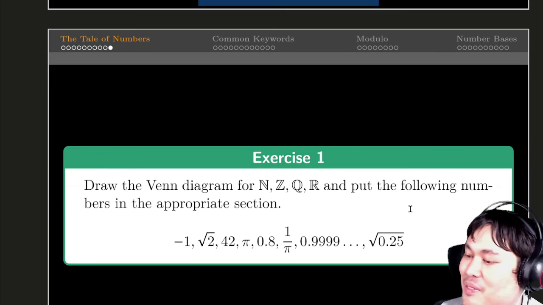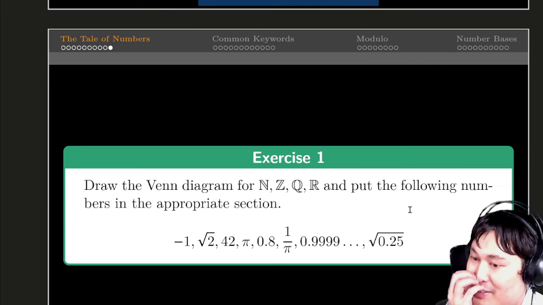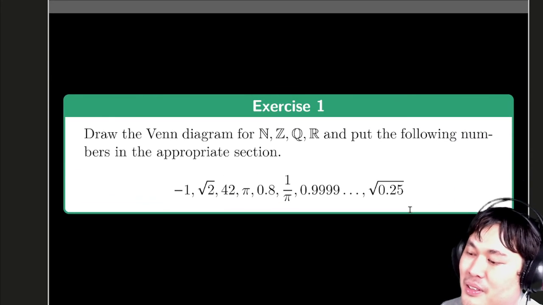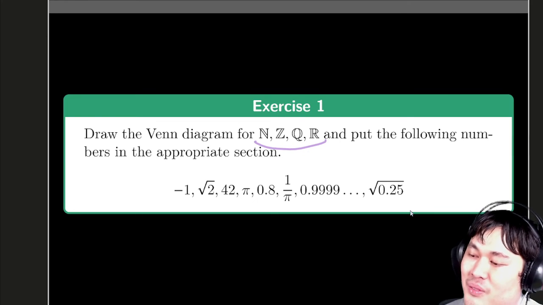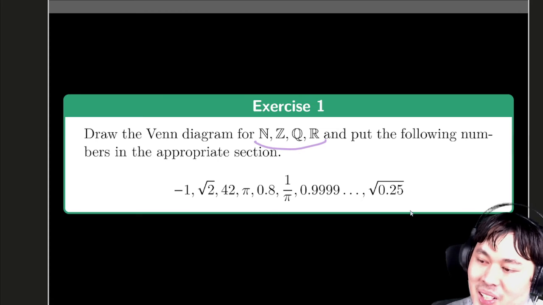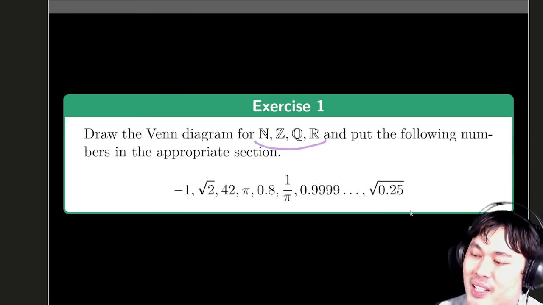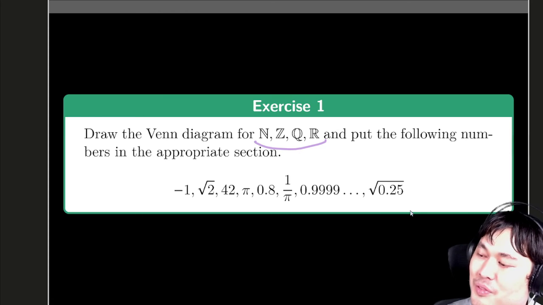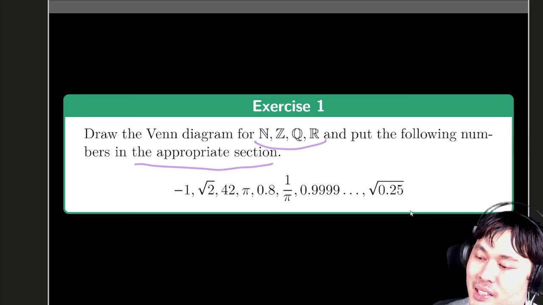Now we have a quick exercise. Draw the Venn diagram for these 4 sets, which I guess I just did for you, so maybe go back and watch that part. Copy that, and put the following numbers in the appropriate section.